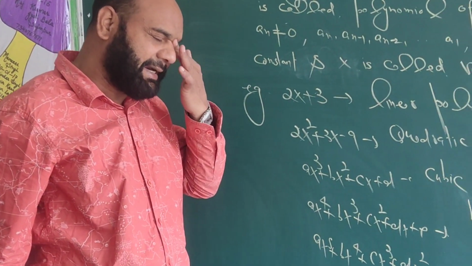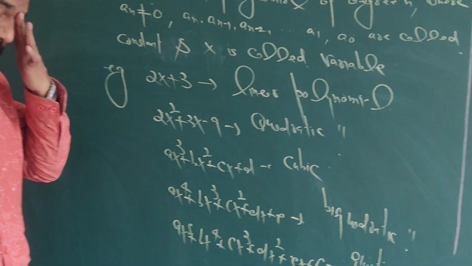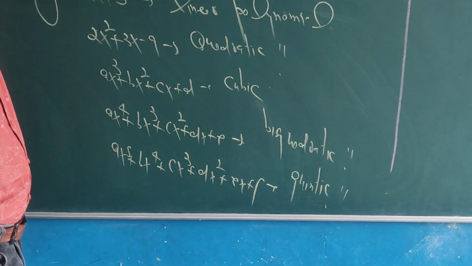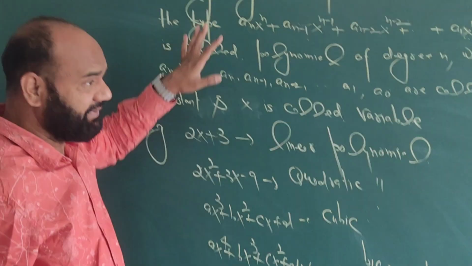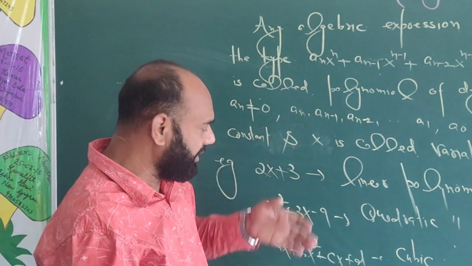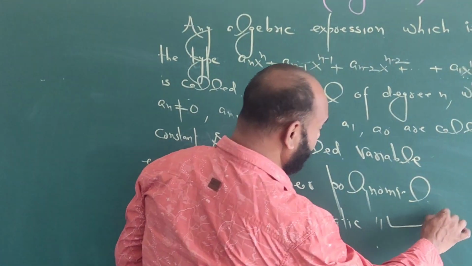So we can say that in any expression of degree n, the coefficient of highest power must never be equal to 0. And in this chapter we study only quadratic polynomials.